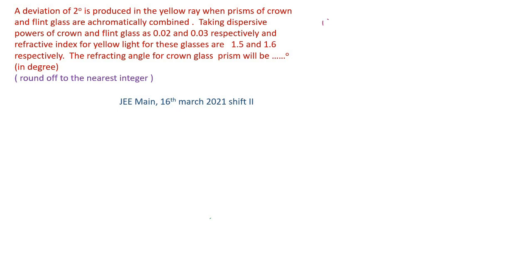So we will now see deviation and dispersion. Look at this diagram: prism, incident ray, refracted ray, emergent ray, and D is the angle of deviation. ABC is the prism. The angle between the incident and emergent rays is the deviation.